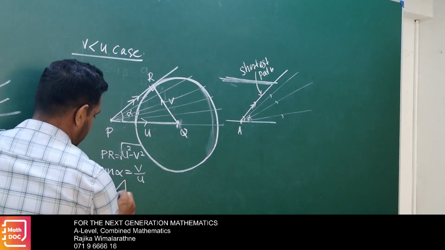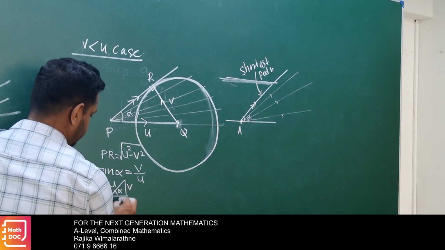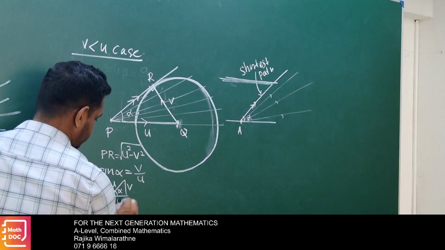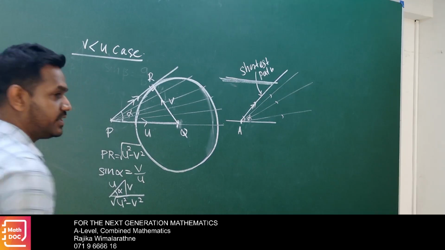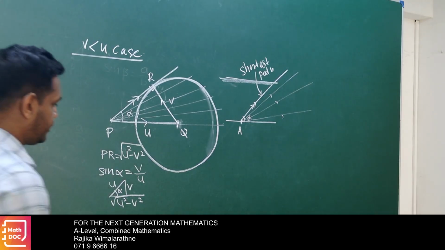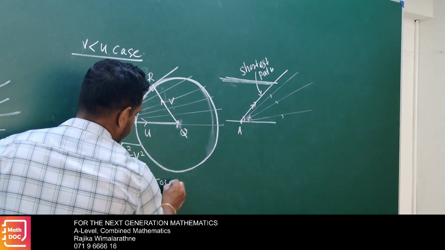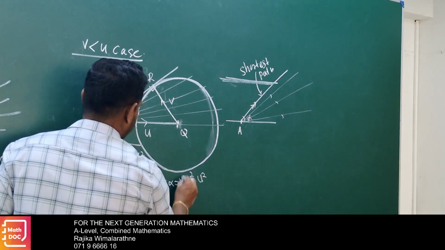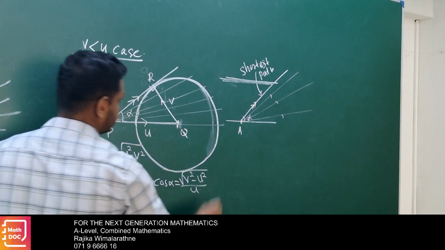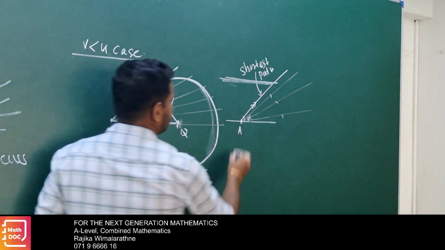Then by that you can find all the other ratios. Okay. Then cos alpha is the square root of U squared minus V squared divided by U. Likewise you can find all the others.